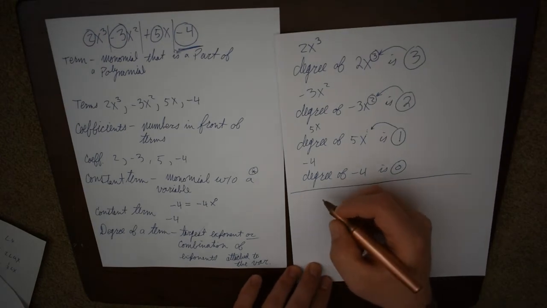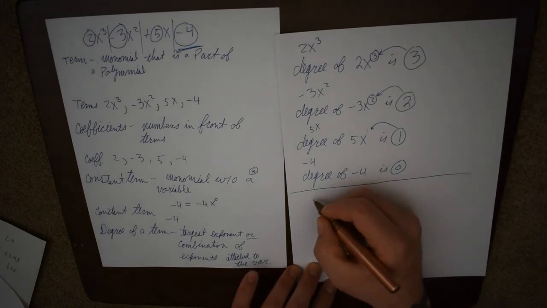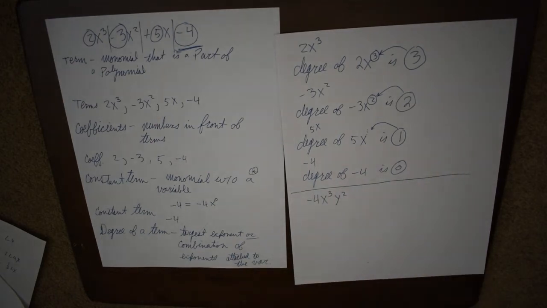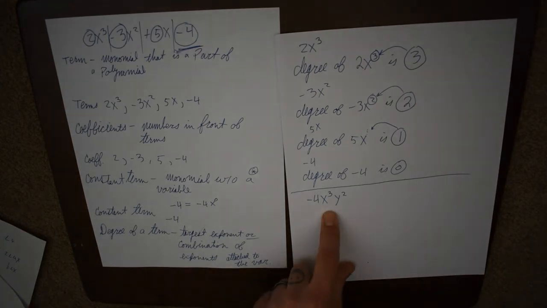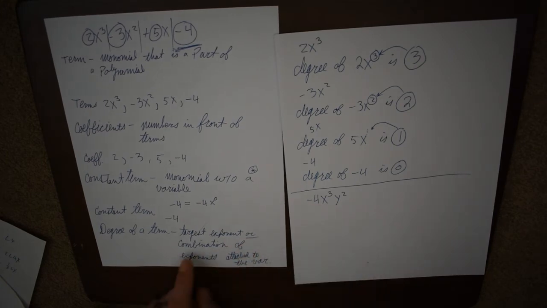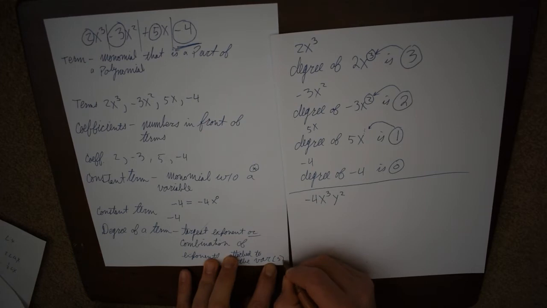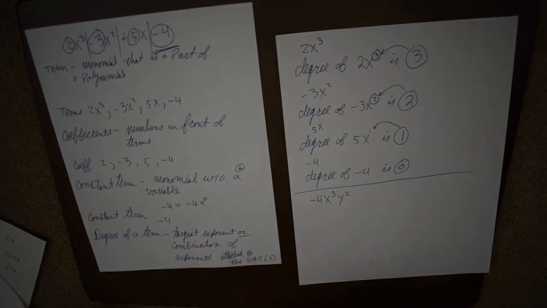Now, taking it one step further, before we go there, I want to clear something up. This is just a polynomial in one variable. If we had, say, a monomial that was negative 4x cubed y squared, now we want to know what is the degree of this polynomial. Well, the degree is the largest exponent or combination of exponents attached to the variables.